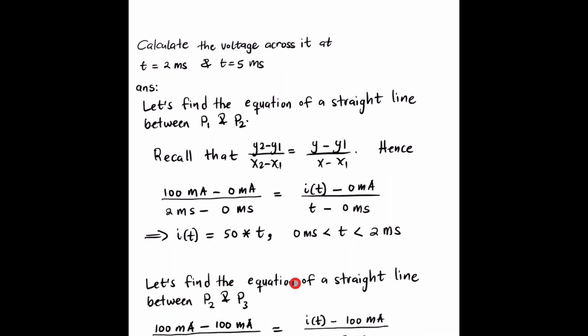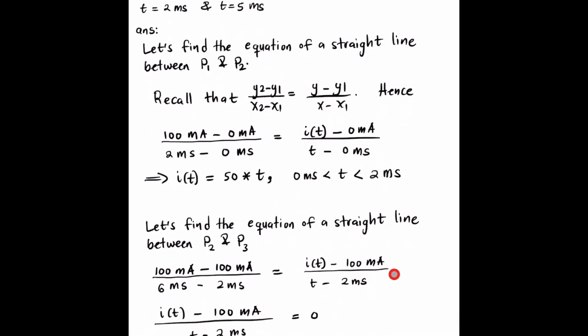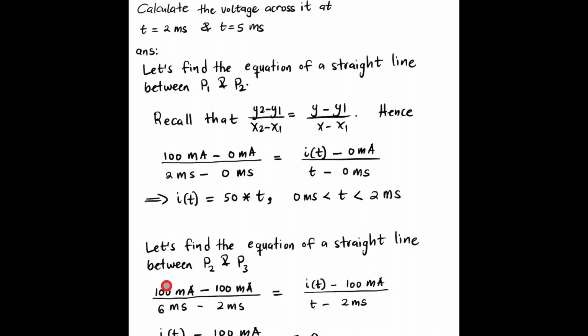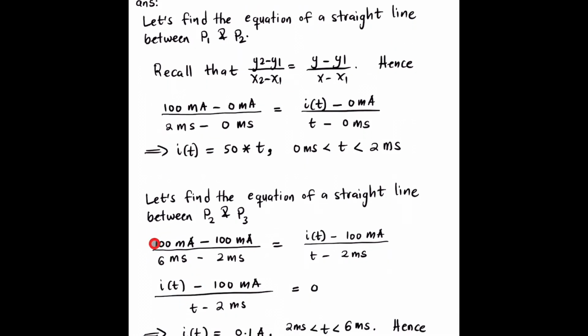Let's find the equation of a straight line between P2 and P3. We do the same thing for P2 and P3. There's a change in current, change in time is equal to this. From here we get here, all right? Because this is 0. This one is 0. So that is just 0.